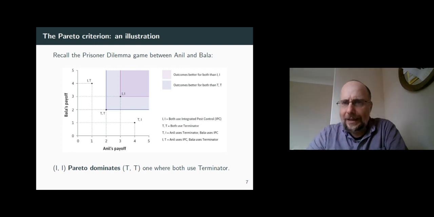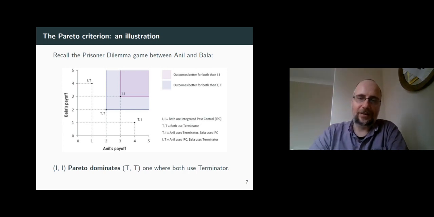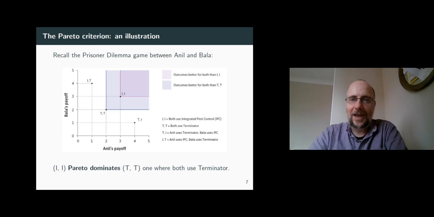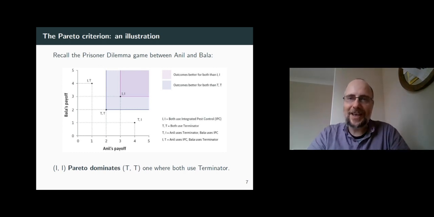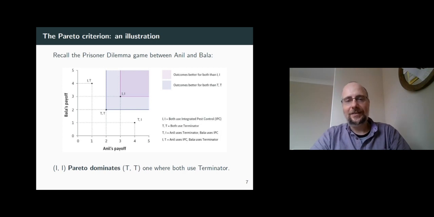But if that is the case, then the II allocation Pareto dominates the TT allocation. The reason is that with II, at least one party is better off without making the other party worse off. As it's clear that both parties are better off, we can safely say that II Pareto dominates TT.